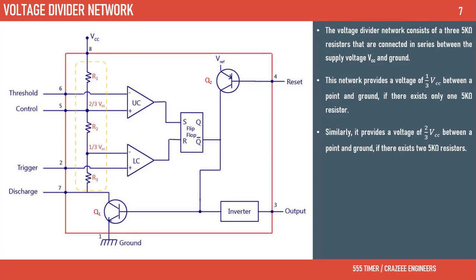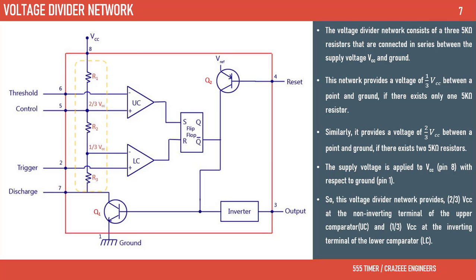Similarly, it provides a voltage of 2/3 VCC between a point and ground, if there exist 2 5 kilo ohm resistors. The supply voltage is applied to VCC with respect to ground. So, this voltage divider network provides 2/3 VCC at the non-inverting terminal of the upper comparator, UC, and 1/3 VCC at the inverting terminal of the lower comparator, LC.